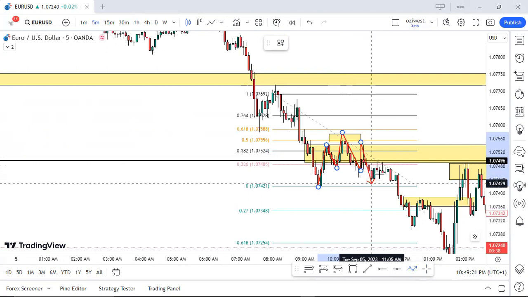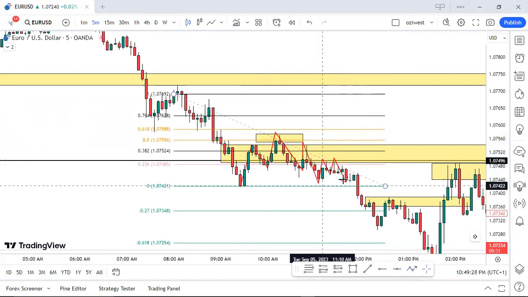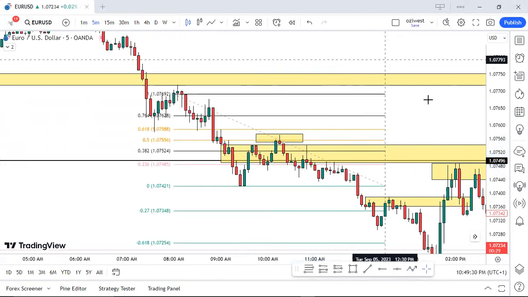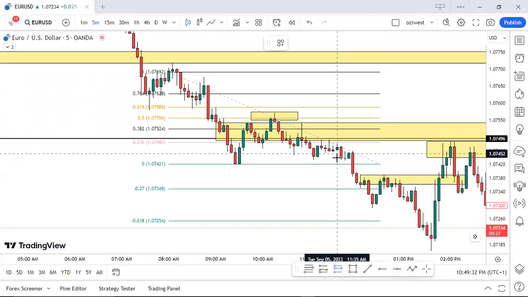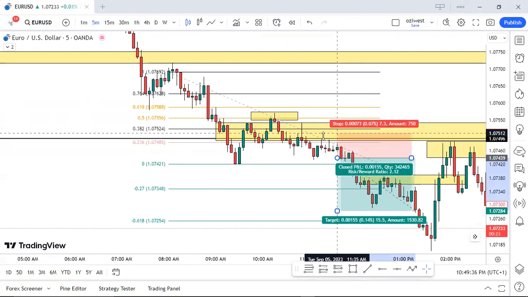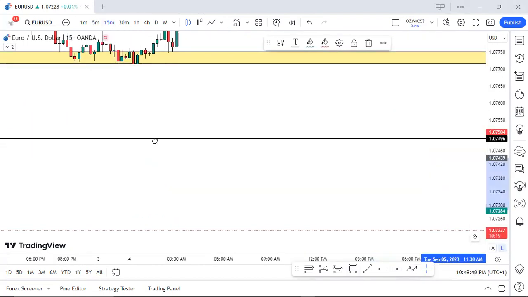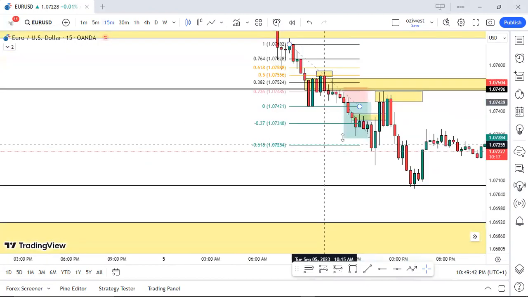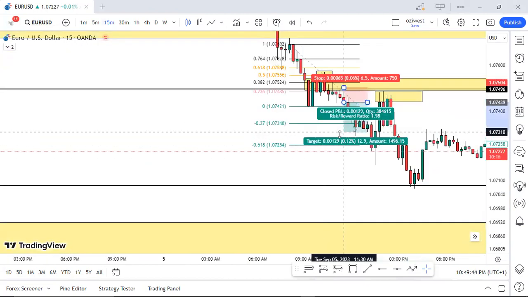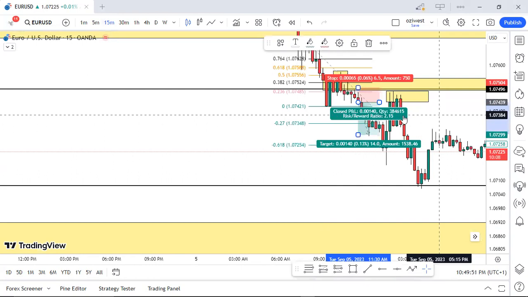Price broke the neckline, formed a double top, and it was on the close of this candlestick that I executed. It closed aggressively with a bearish candlestick. I entered somewhere there, and I aimed for 2 times my risk. So that was the first entry there.